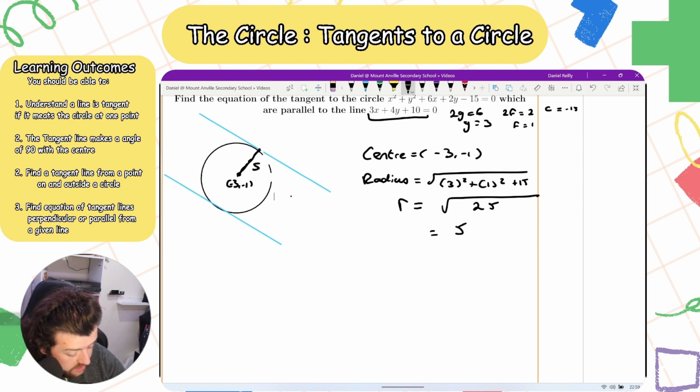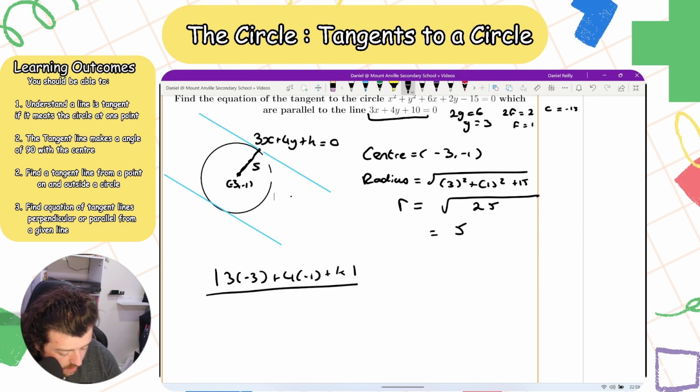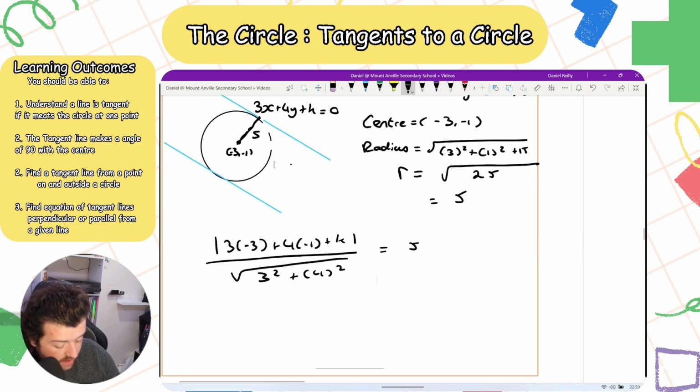And then the equation of this line is going to be 3x plus 4y plus k, because it's a parallel line, so we keep the two terms here, but we change this one here. So 3 times minus 3 plus 4 times minus 1 plus k all over root 3 squared plus 4 squared is equal to the radius, which is 5.